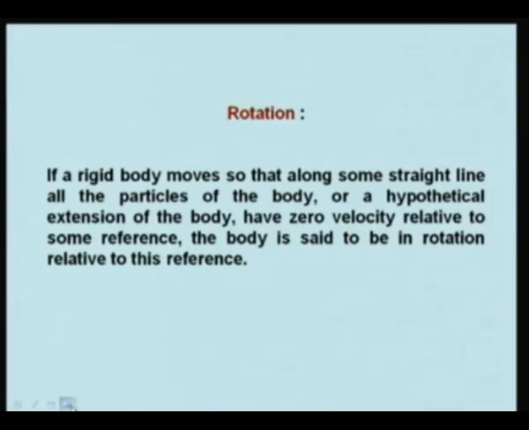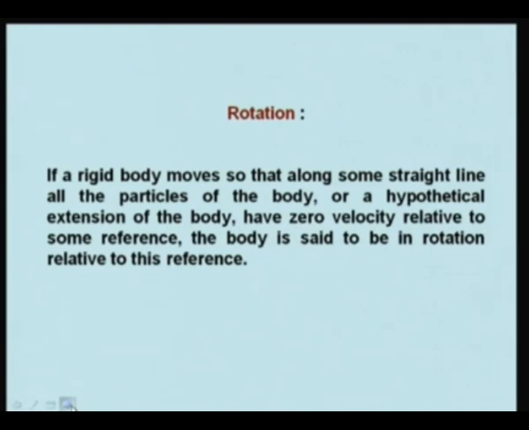If a rigid body moves so that along some straight line all the particles of the body or a hypothetical extension of the body have zero velocity relative to some reference, the body is said to be in rotation relative to this reference.